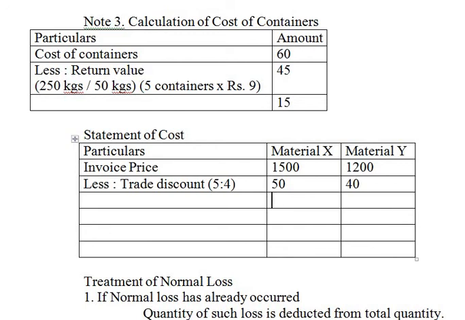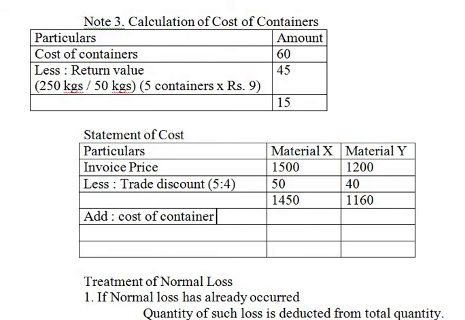Now the balance is 1450 and here it will be 1160. Next, add whatever expenses they have given, that is the cost of container.